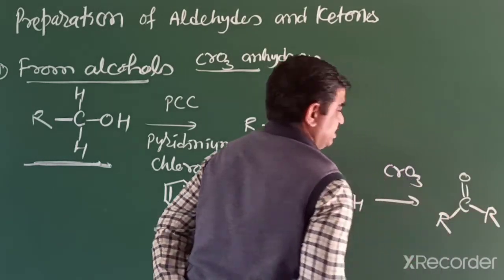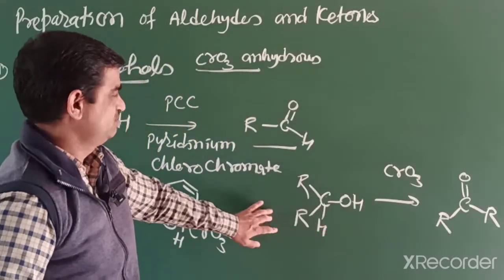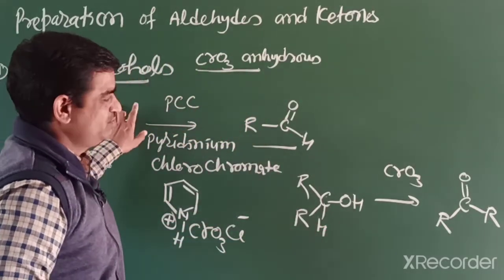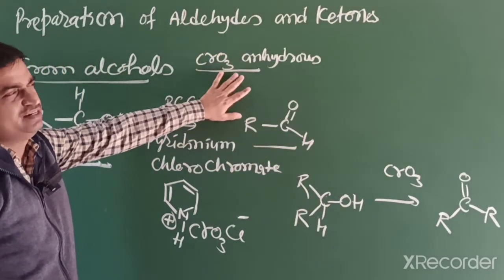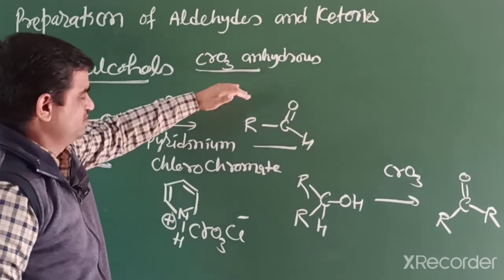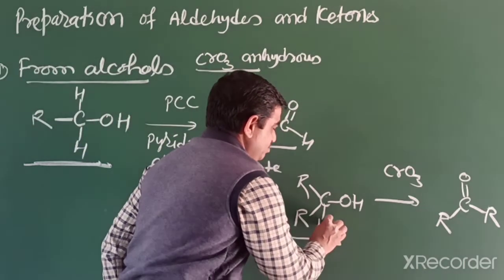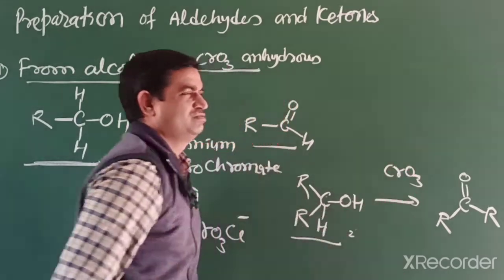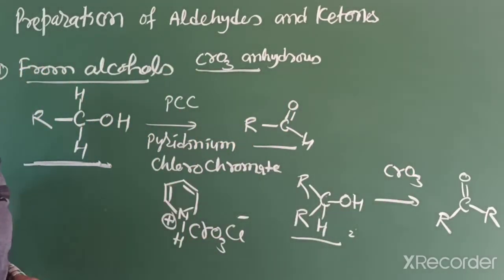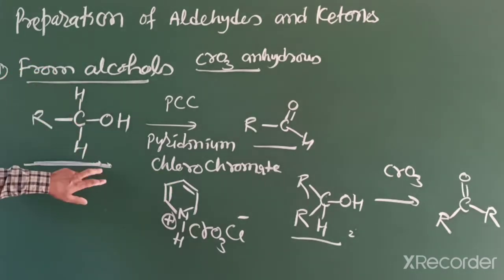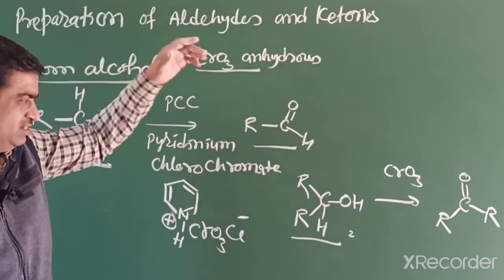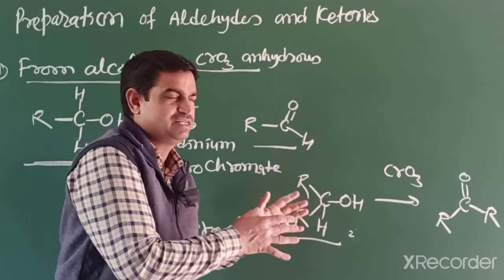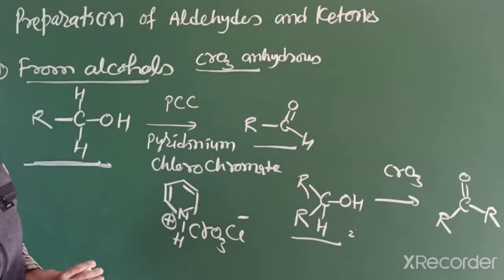So this is a suitable method to prepare ketones from alcohol: primary alcohol converts into aldehyde using PCC or chromium trioxide anhydrous or a less polar solvent. If the alcohol is secondary or 2 degree, then we get ketones. We already discussed this in the alcohol chapter. Only simply revise. If we use a strong oxidizing agent, then this alcohol converts to the corresponding carboxylic acid. If secondary alcohol, then we get a mixture of carboxylic acids with a lesser number of carbon atoms.